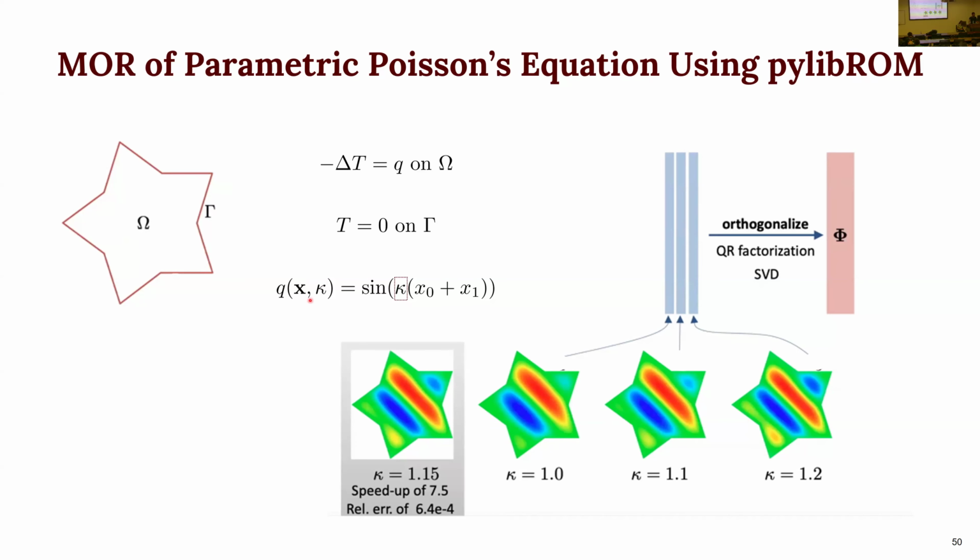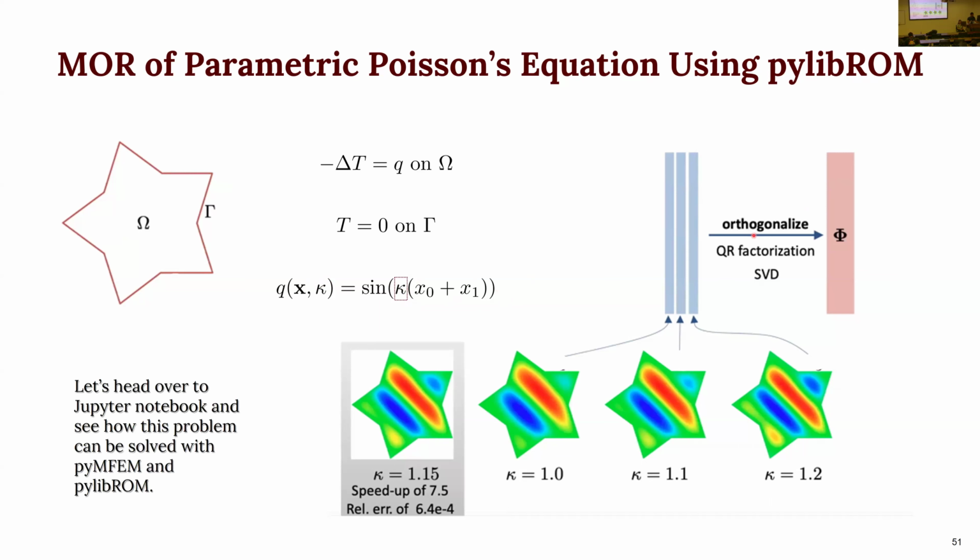Here the parameter symbol is different. Instead of mu, I have kappa, and it's a sinusoidal function. We will generate snapshots with some training parameters and formulate a reduced order model, and see how that model performs when we use new parameter values. And we are going to see how to do this in pylibROM.